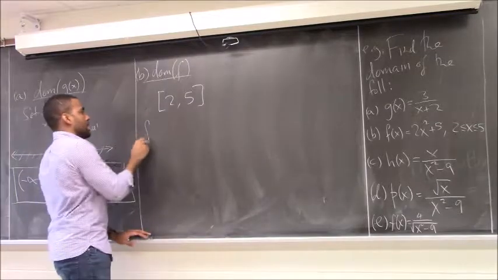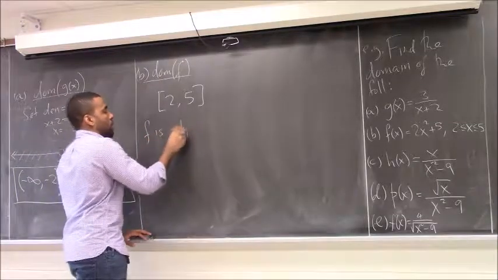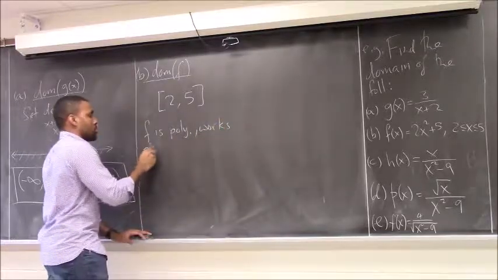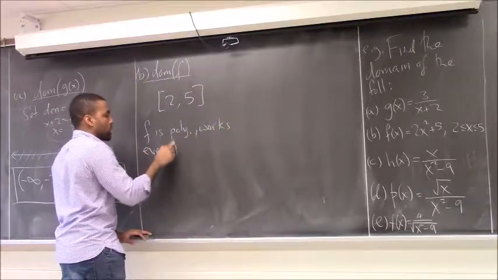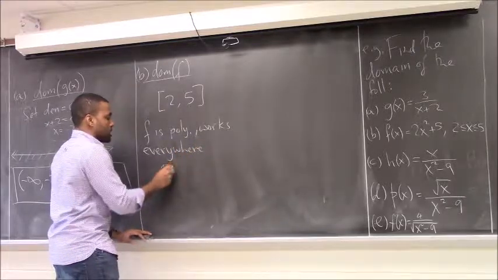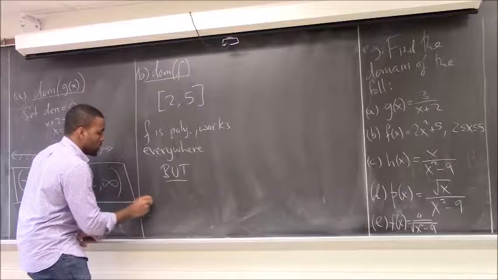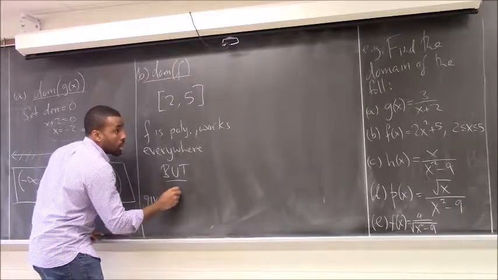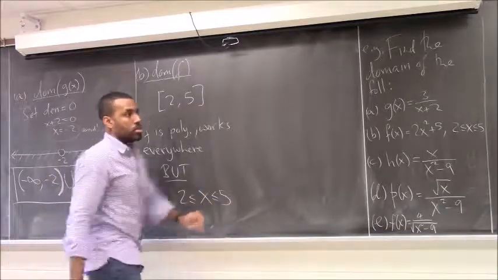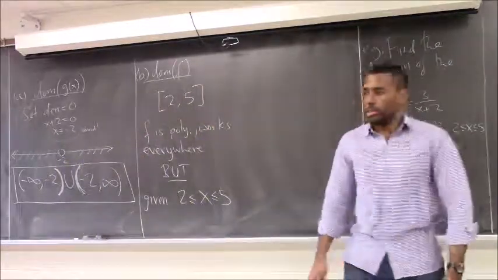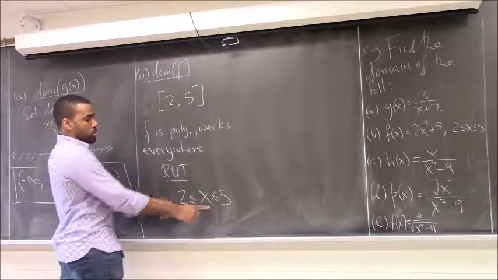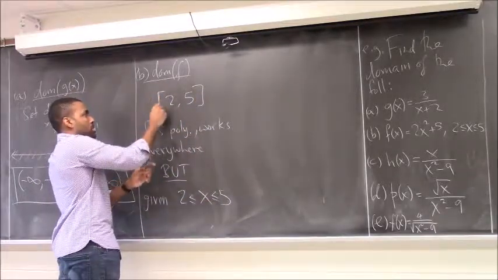Why? f is a polynomial, so it works everywhere, so it could work from minus infinity to infinity, but we're given a restriction. Our x must be between 2 and 5. That was listed here. So that is written this way, and because x can equal 2 and equal 5, we write square brackets.